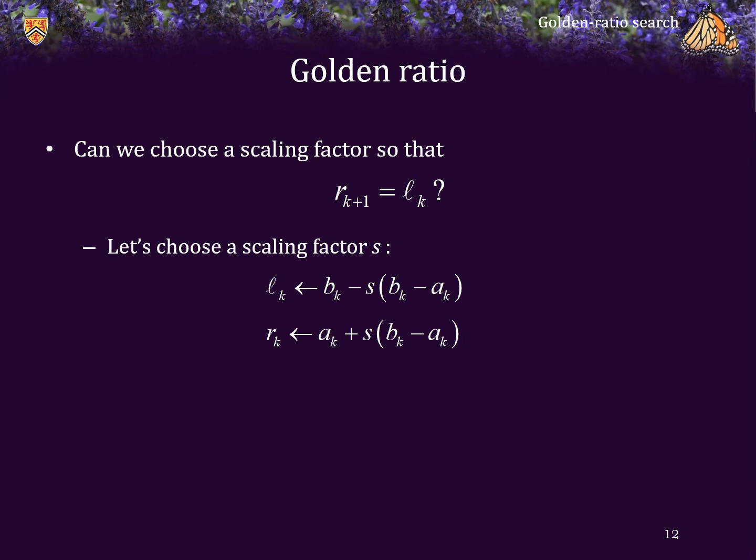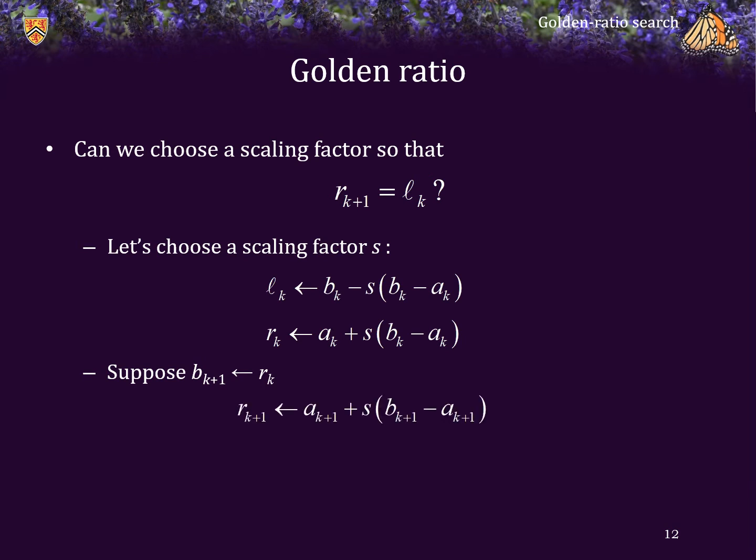When we did trisection, s was equal to 2/3. When we divided the interval into 5, we chose s to be equal to 3/5. Well, let's suppose that we update the right endpoint. So b sub k plus 1 is assigned r sub k.